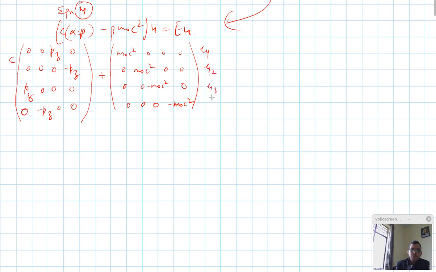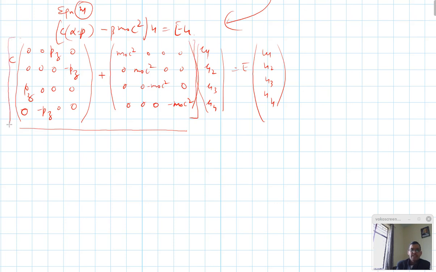u1 u2 u3 u4, and it is equal to E u1 u2 u3 and u4. So let us club these two matrices. So if I club these two, then I can write down it as, because this u is sitting just like this, right?